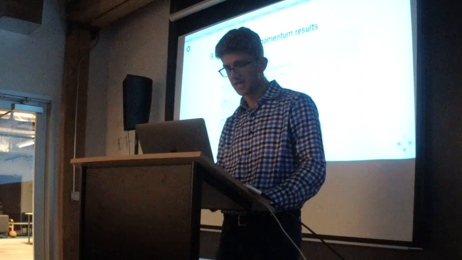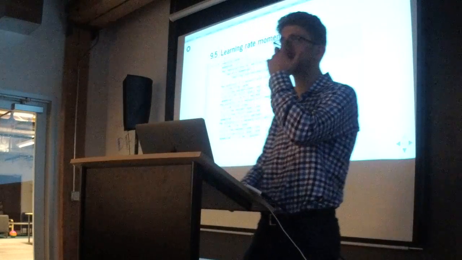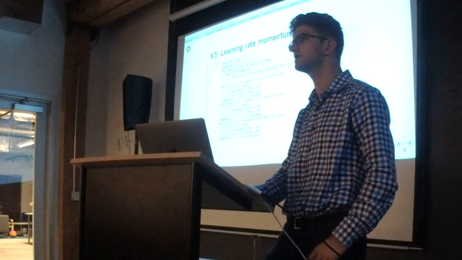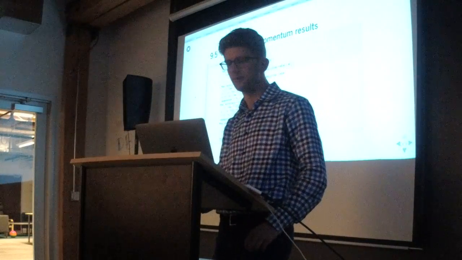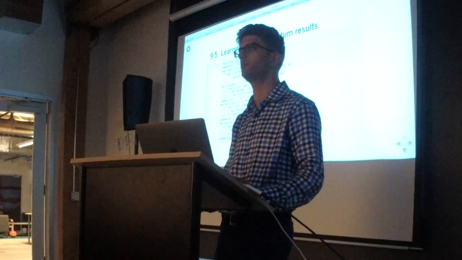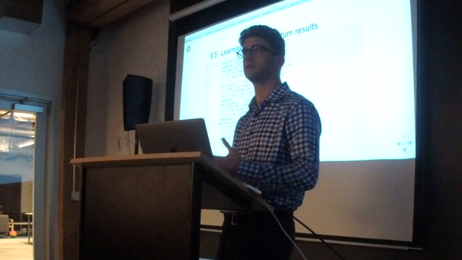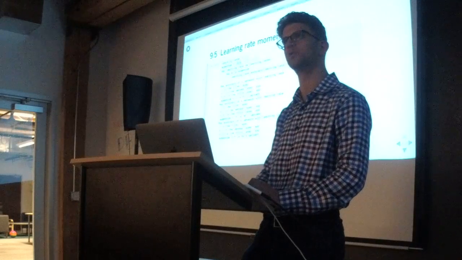So you can test out different parameters. And what you see is you don't get a huge increase in the accuracy of your neural net in this case when you do momentum, but you do get a small accuracy increase when you use momentum of 0.5. It's cool to see how to implement it and know that you can do it from scratch, but you don't get a huge boost from it here.